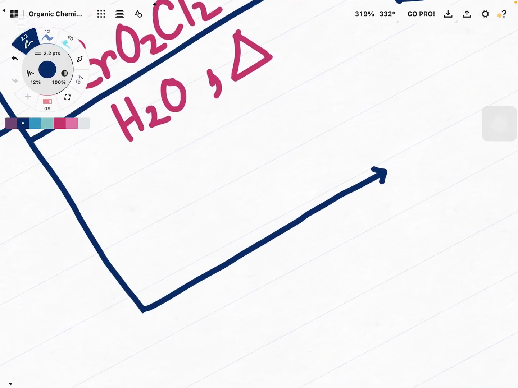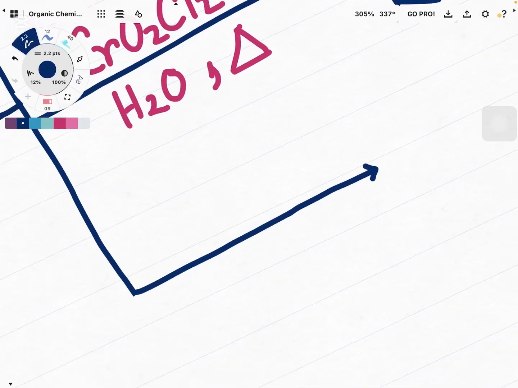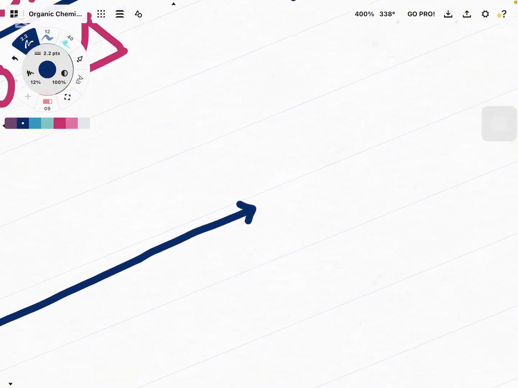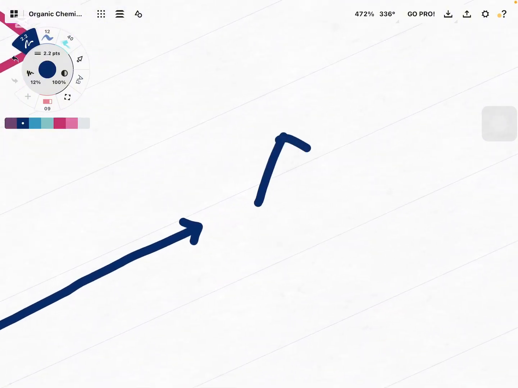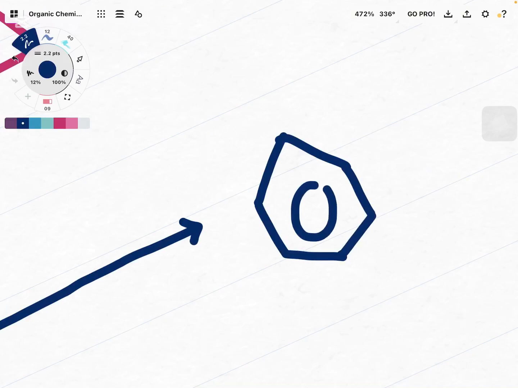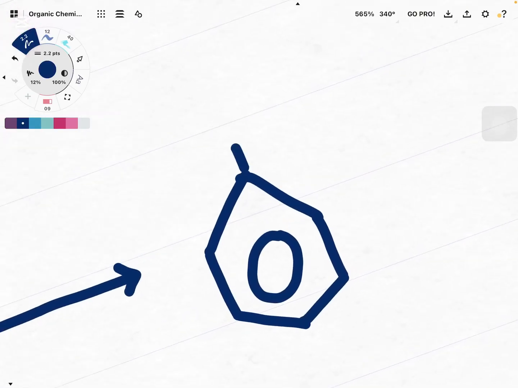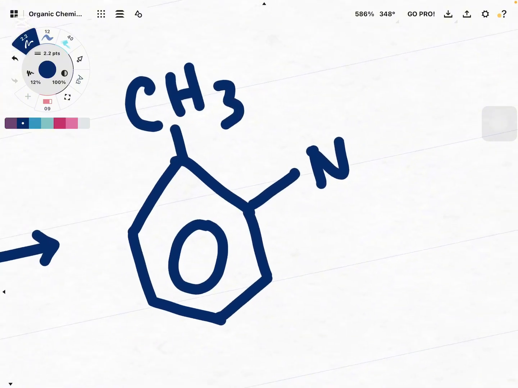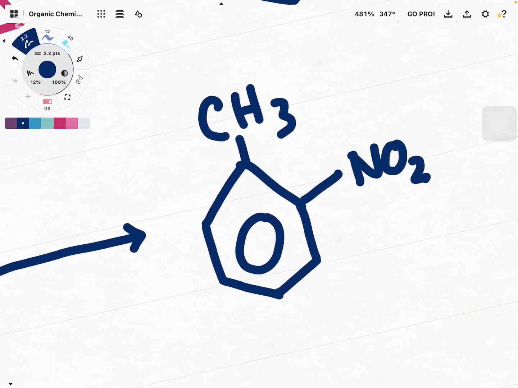You will get two products from here. Products are: this one is ortho nitrotoluene.